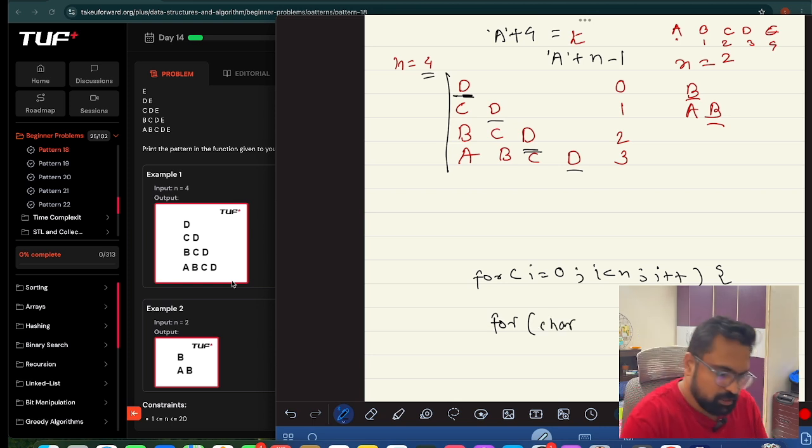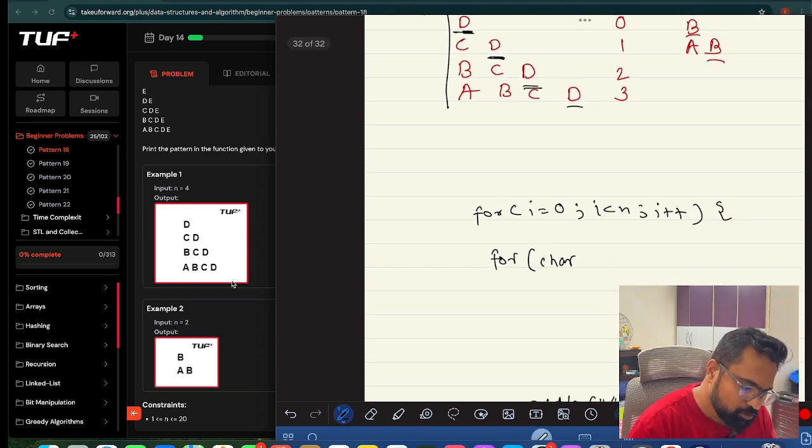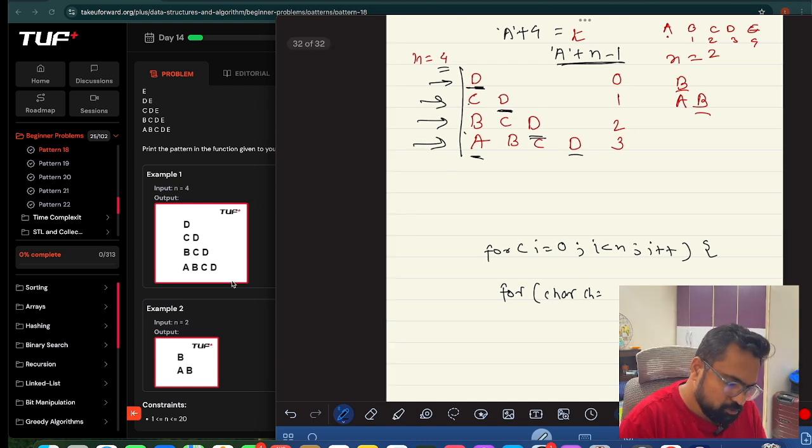Till now we have identified till where we want to run the for loop. That means our ch will be equal to, basically ch will be C in this case, B in this case, A in this case. The formula is A plus n minus 1. Till that point we want to run ch, because in this case we want to run till D. Here also D, here also D, here also D.